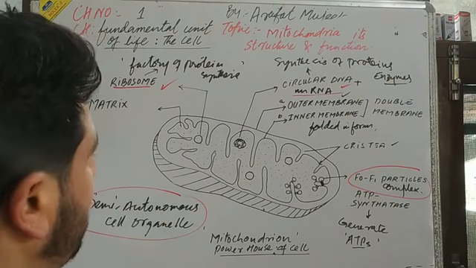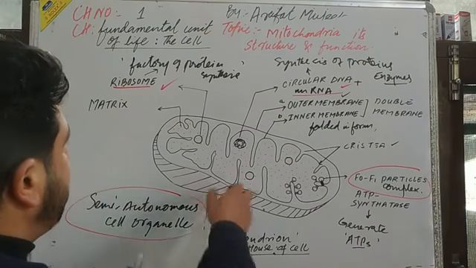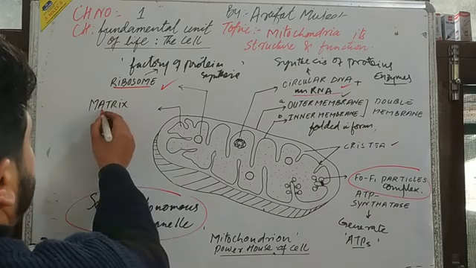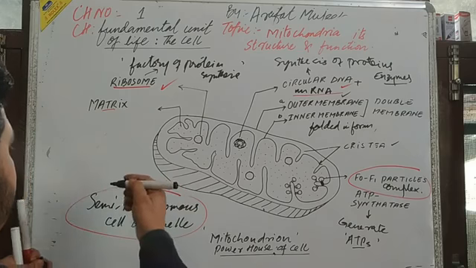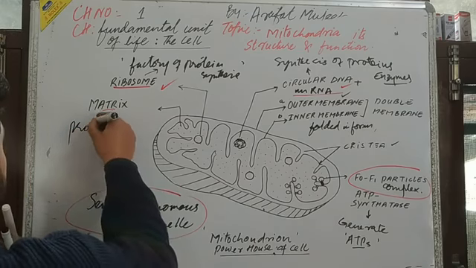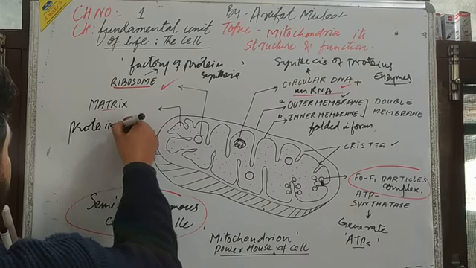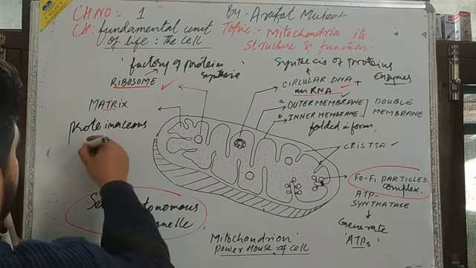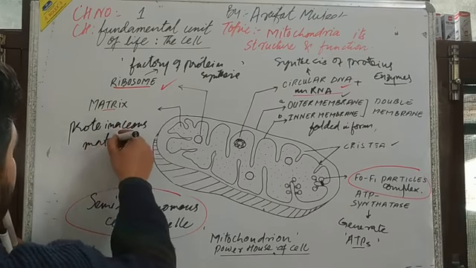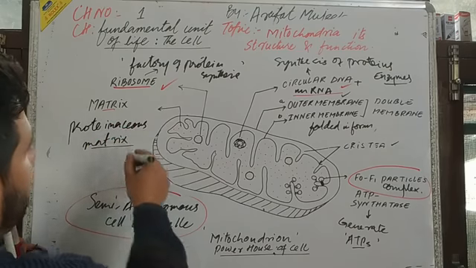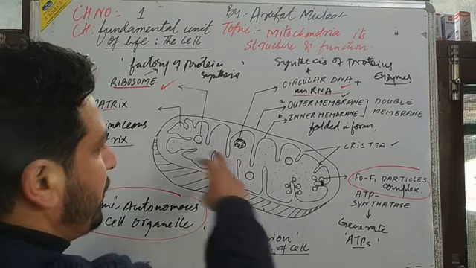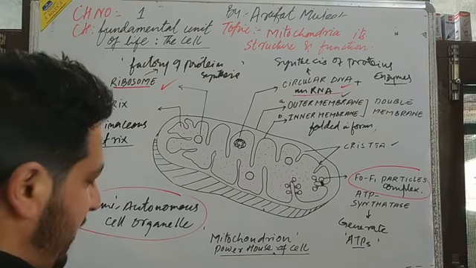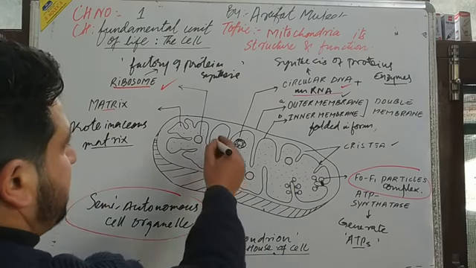Then we can say that here it is the matrix. This matrix is a proteinaceous matrix. It is made of protein, a gel-like protein, has fluidity, and a number of enzymes are available in this.